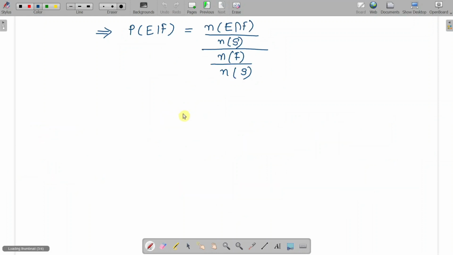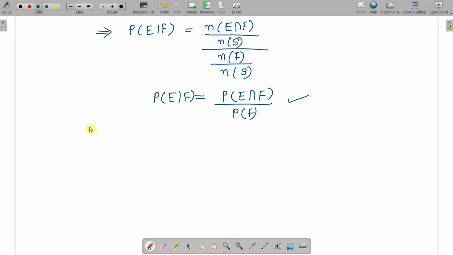So this will be equal to what? Now if we look at this, it is nothing but probability of E intersection F divided by, if you look at this, number of elements of F divided by number of elements of S, it is probability of F. And so what we get is probability of E such that F has already occurred is equal to P of E intersection F divided by P of F. Okay, so this is the formula.